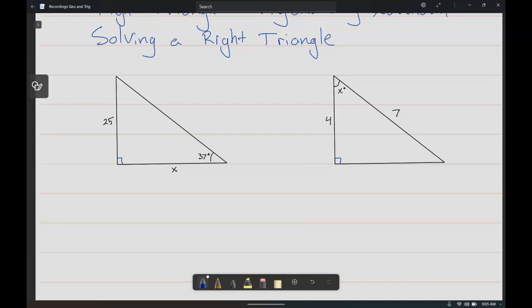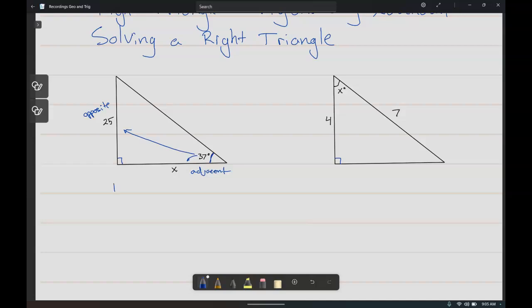We want to consider the sides that are referenced or utilized in the problem in relation to the angle that is given. So for this angle theta of 37 degrees, we have the side that is opposite, and we have the side that is adjacent, which means for this ratio we're going to use tangent, which utilizes the opposite over adjacent ratio.